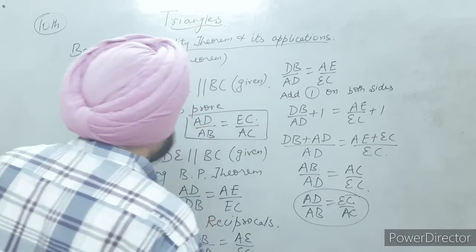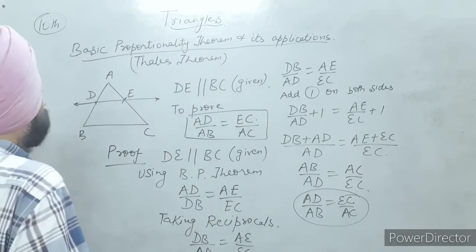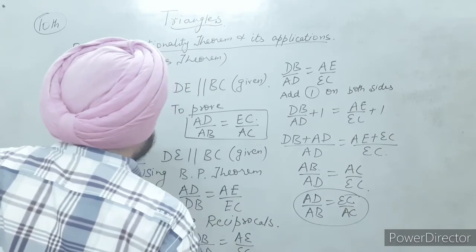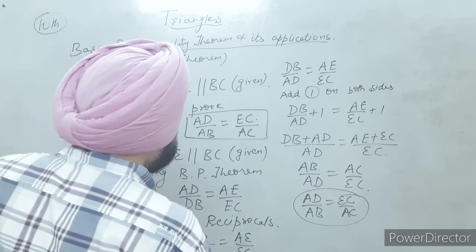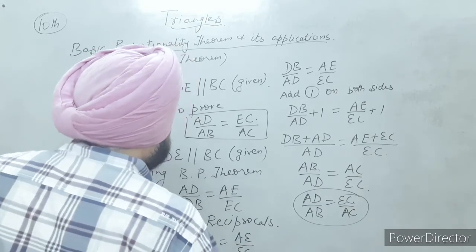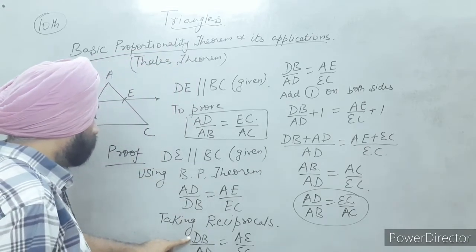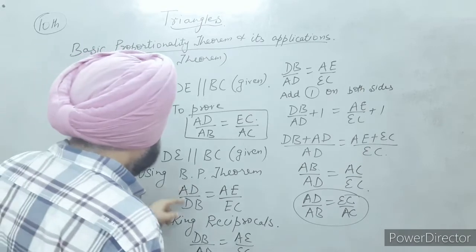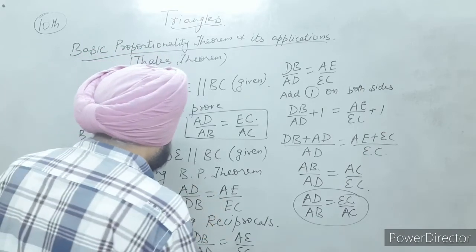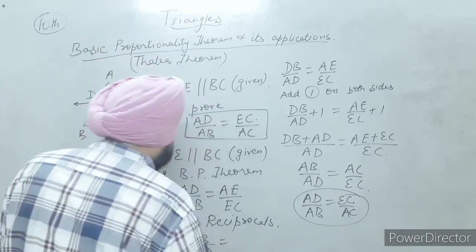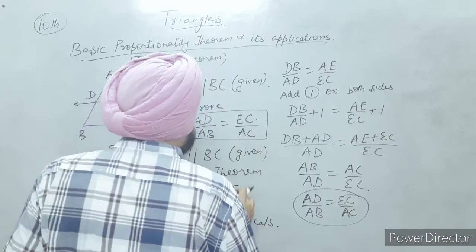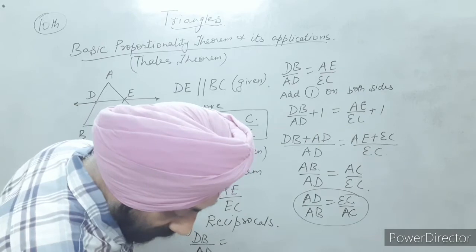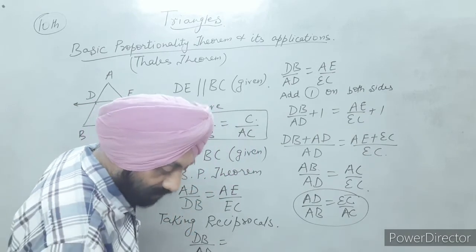Let me correct it. We have AD upon DB is equal to AE upon EC.